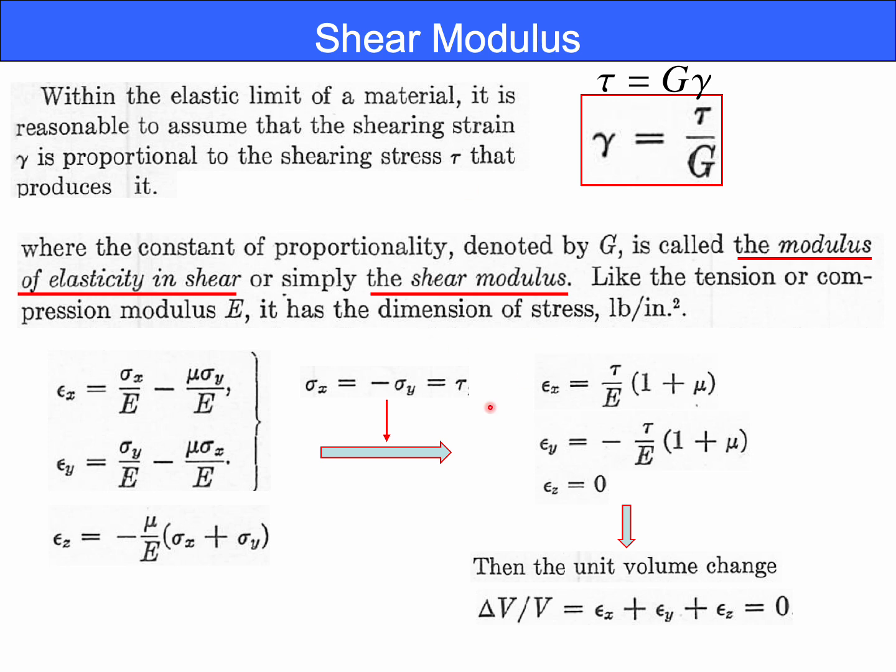And by substituting sigma x equals minus sigma y, because this is the case we consider pure shear, sigma x is the same as tau, and substituting this into this expression, we obtain these results.